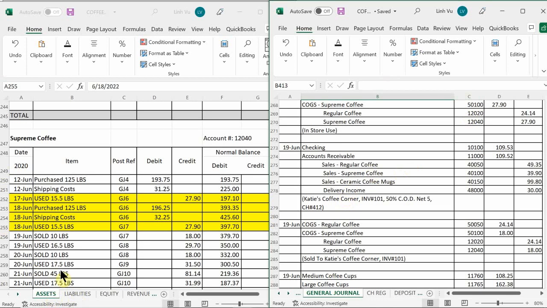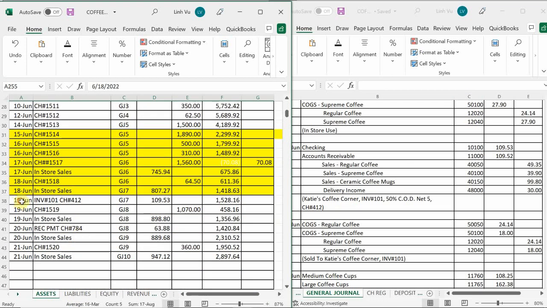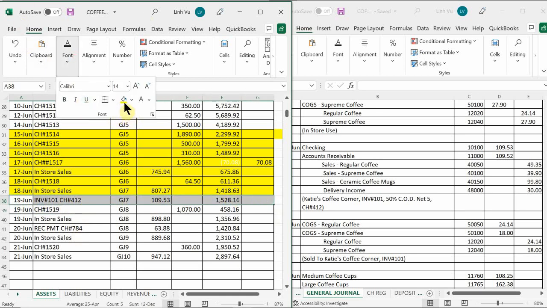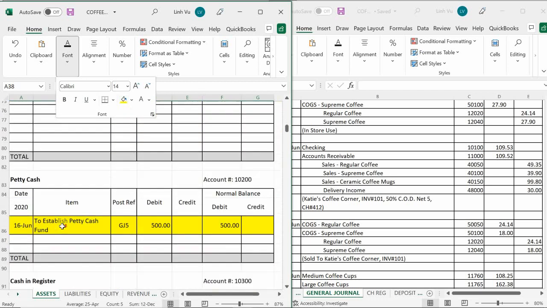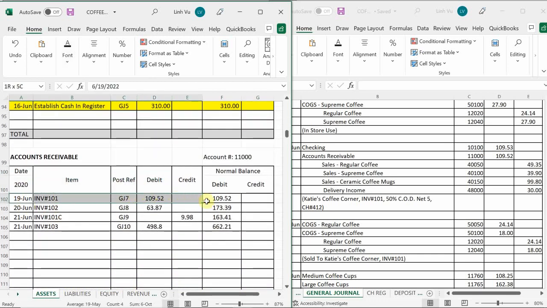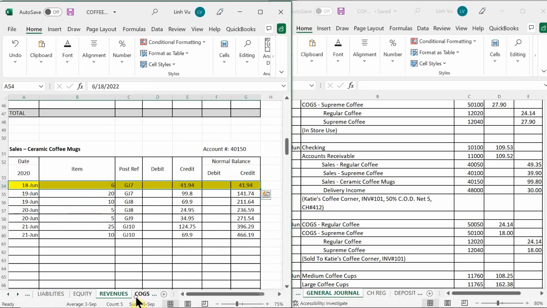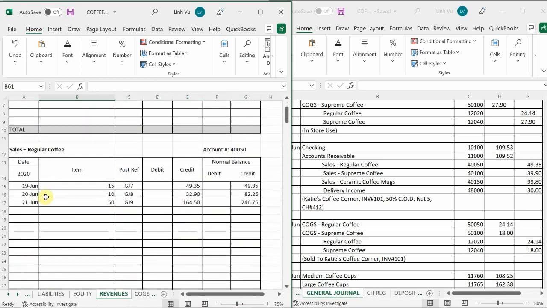So in this case, checking, did we receive a check? Yes, we did. From Katie. Okay. For 109. We have an accounts receivable for 109. Okay. We sold a bunch of coffees. So let's see. The first one was for $49.